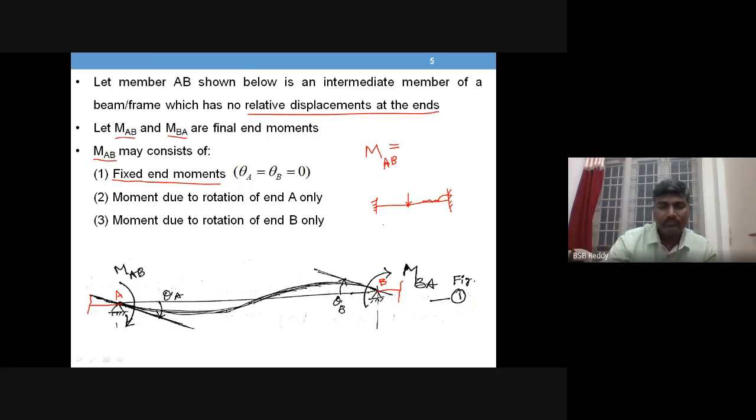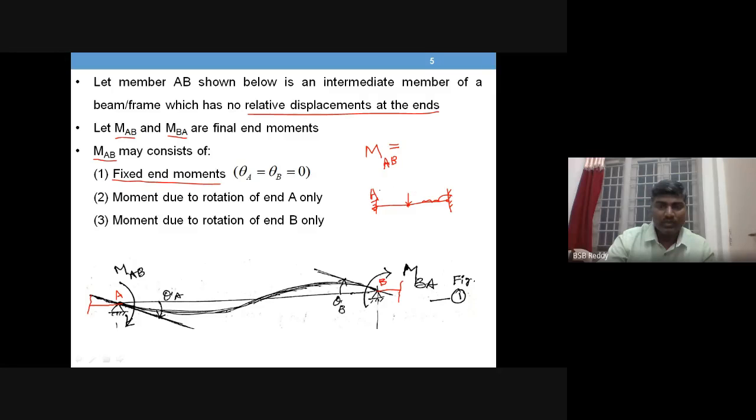So the loads will cause moment at A. We are talking about only A; we'll come back to B also.